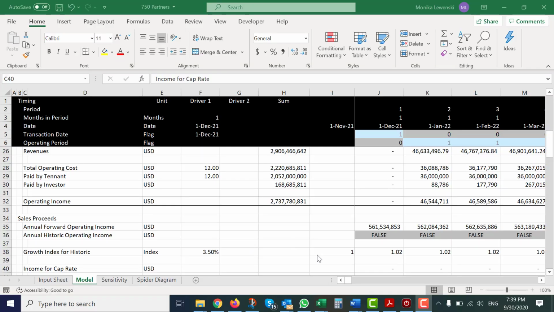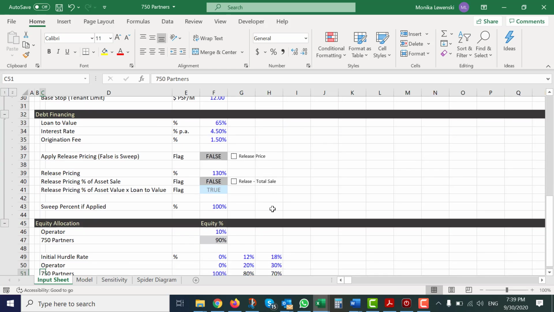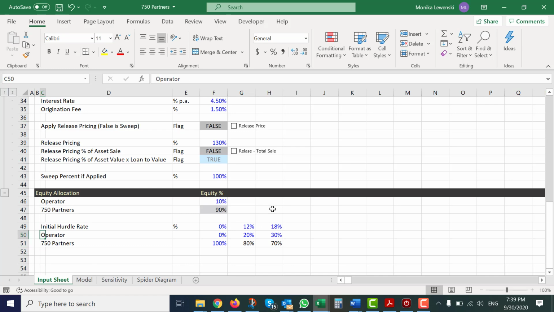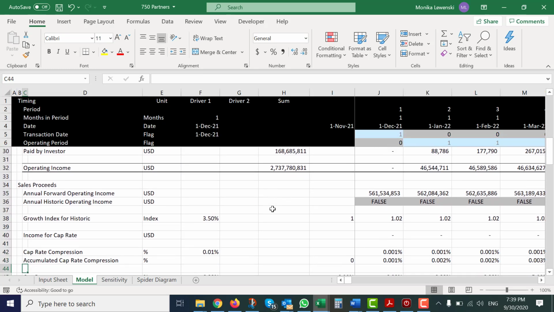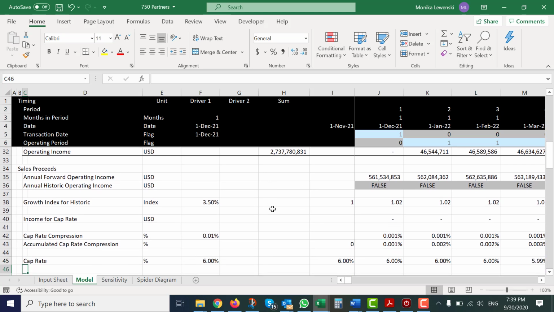Here's what I'm going to do: finish this up through the last part, which is this equity allocation. Equity allocation we'll put into a second video because it's a little bit tricky.